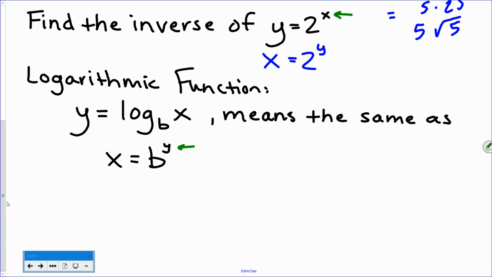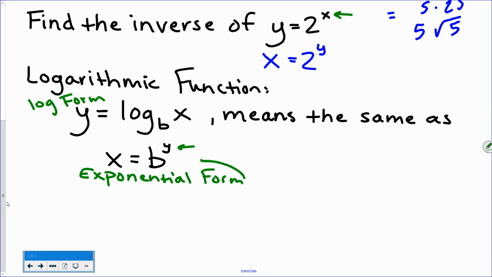All right, so this is called your log form, and this will be my exponential form here. So a lot of your problems are just writing it between these two forms. There's not really a lot of math happening there. We'll solve some equations at the end here, but it's a lot of just converting back and forth between the forms, knowing that they mean the same thing.